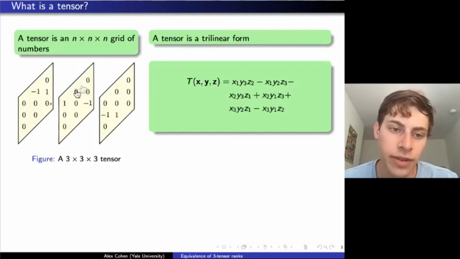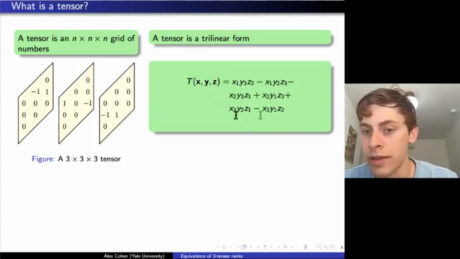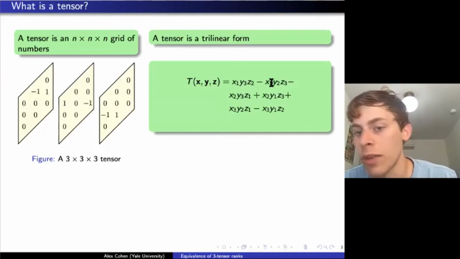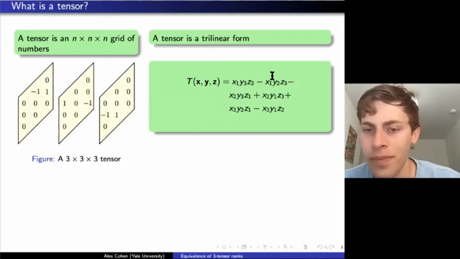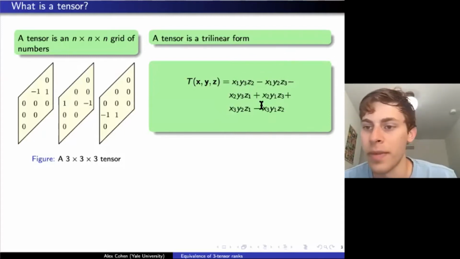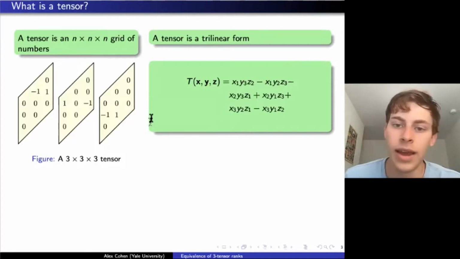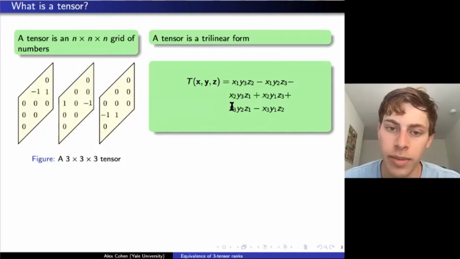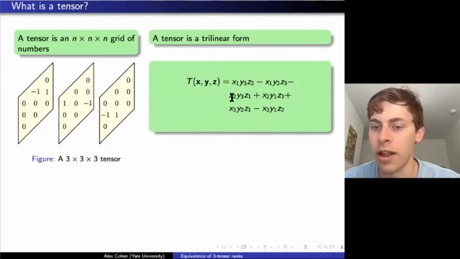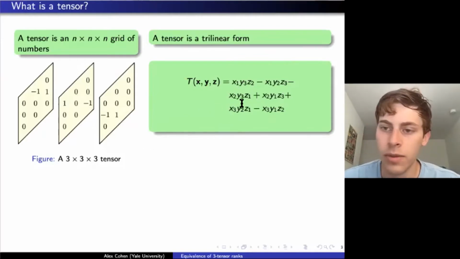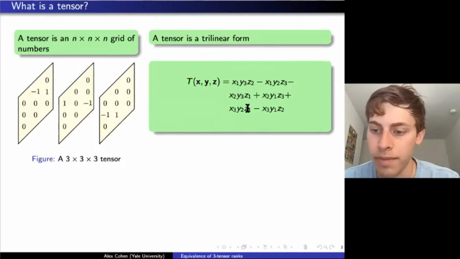For example, this tensor with the ones and negative ones corresponds to the determinant form, if I wrote it correctly. Anyway, it's the same object. And throughout, we're always going to be fixing bases for all of our vector spaces, so we can take coefficients and all of that.